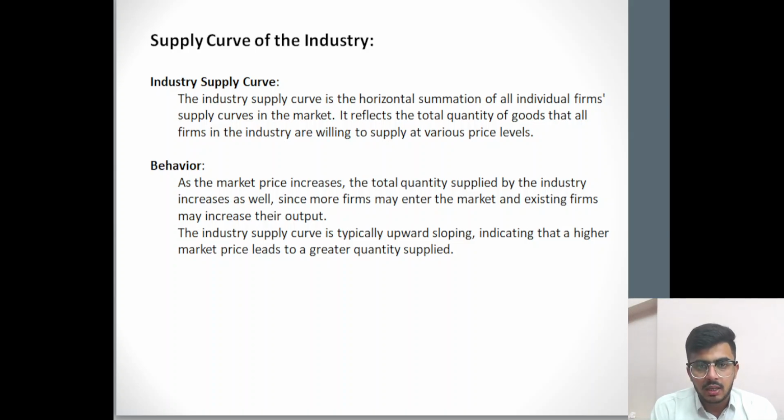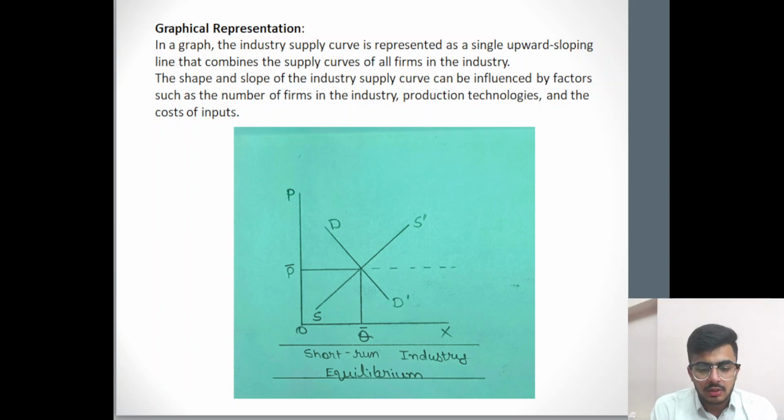The industry supply curve is typically upward sloping, indicating that a higher market price leads to a greater quantity supplied. The next one is the graphical representation of the supply curve of the industry.